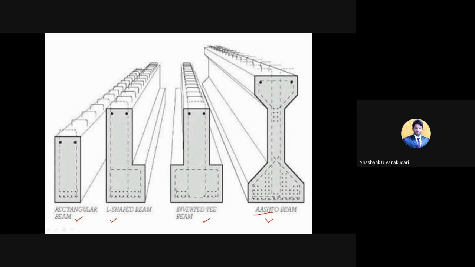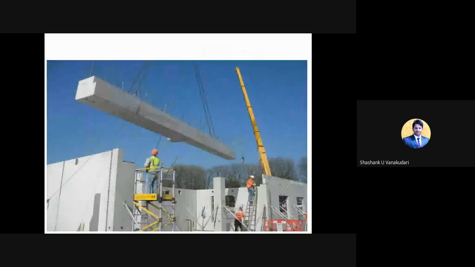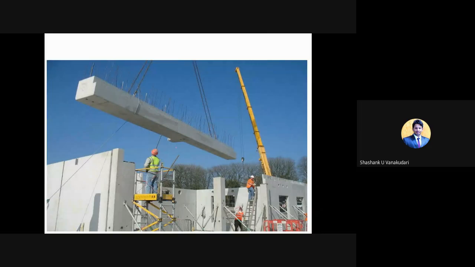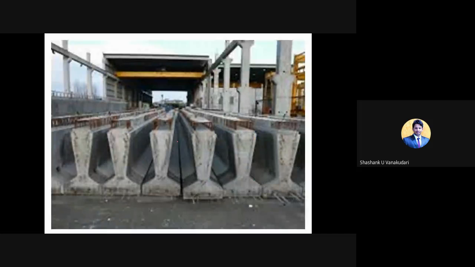Okay, and next here you can see the L-shaped beam, which they manufacture and then erect as per the requirement. Then here you can see these AASHTO beams. On top of that they place the concrete, and after the erection process also they place that concrete.